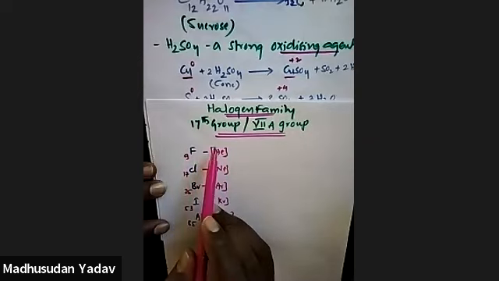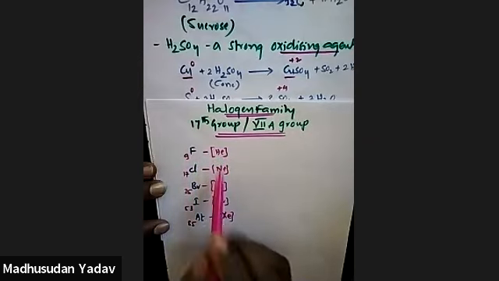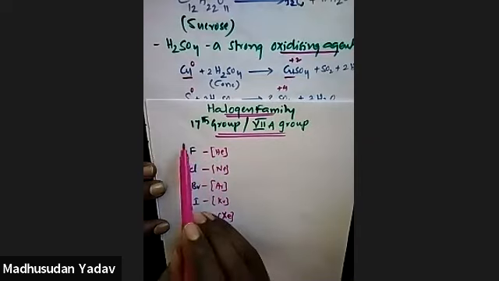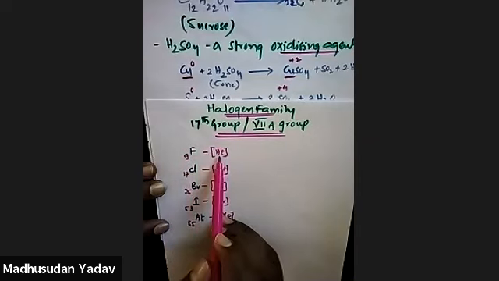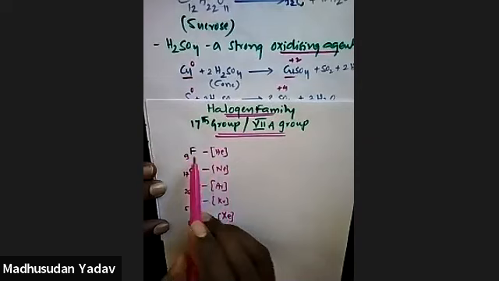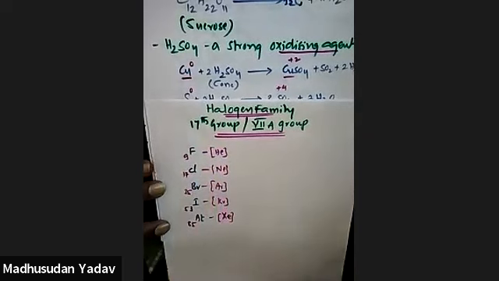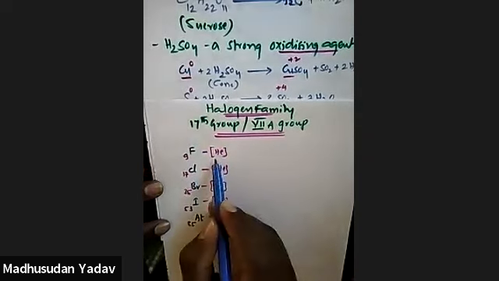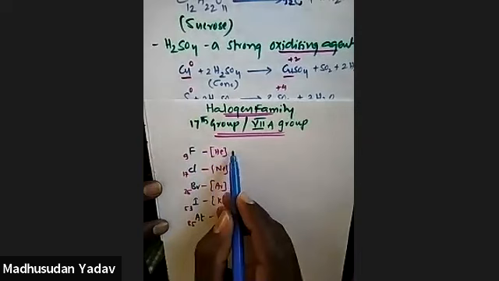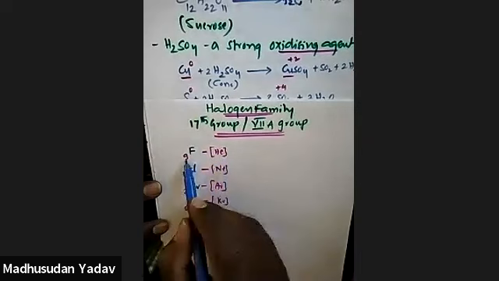But before that, the end group element, the end periodic element: the first period ends with helium, second period neon, third argon, like this. So write its electronic configurations. Helium is 2, and the remaining 7 you have to write.